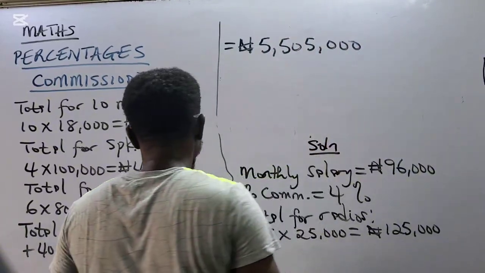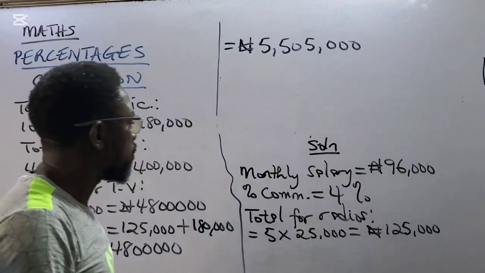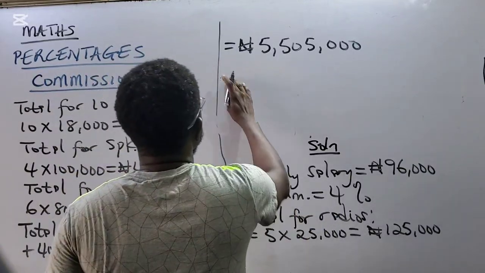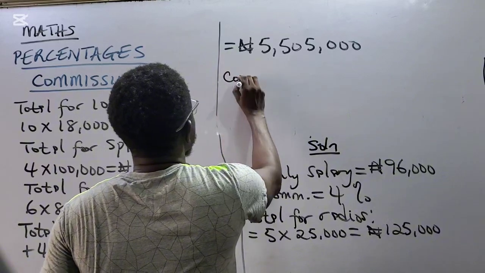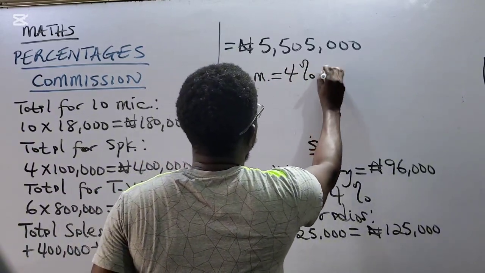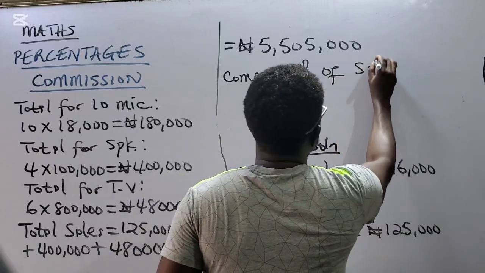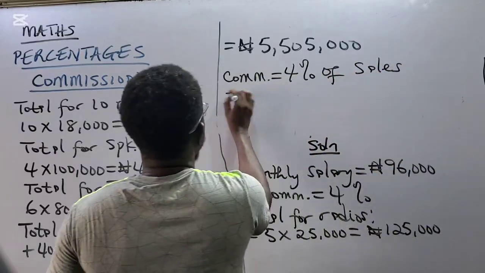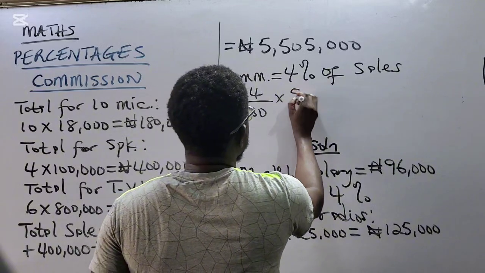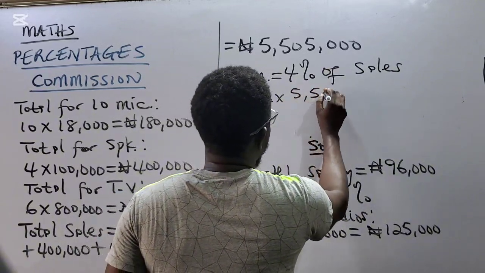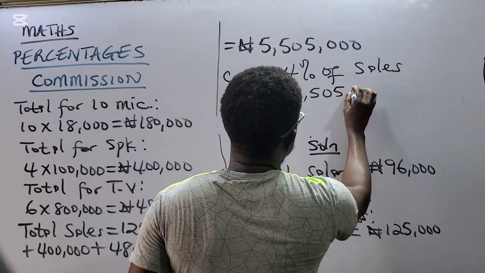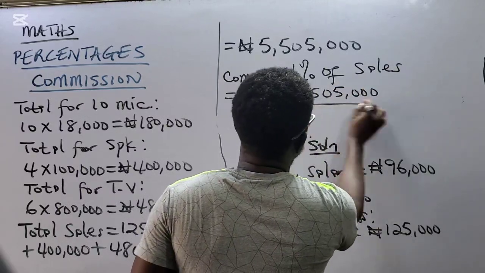So the next thing I need to calculate is the commission. The commission will be 4% of sales. And that will be 4/100 times 5,505,000 over 1.